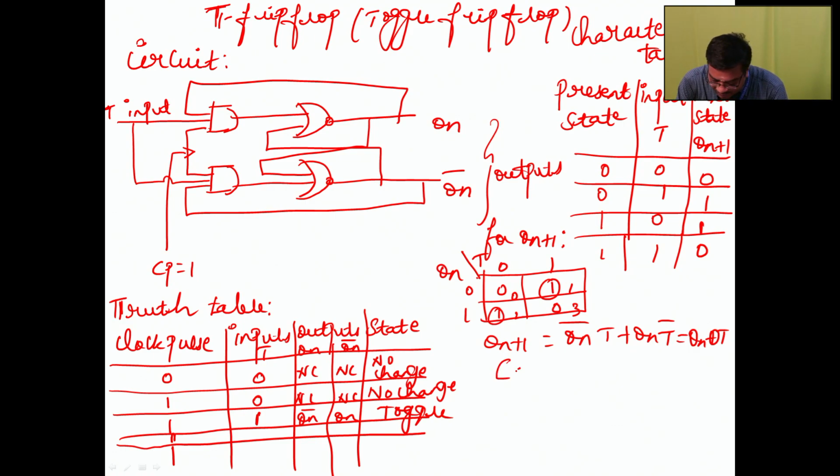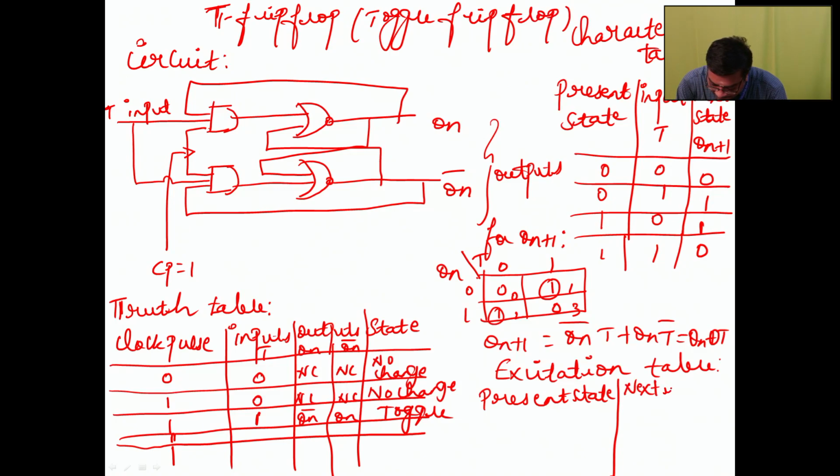So, excitation table. Present state, next state, and inputs.